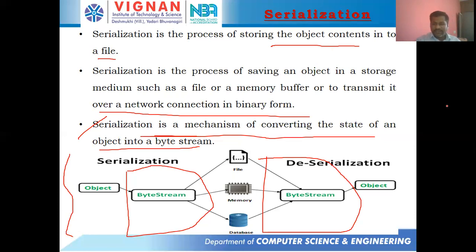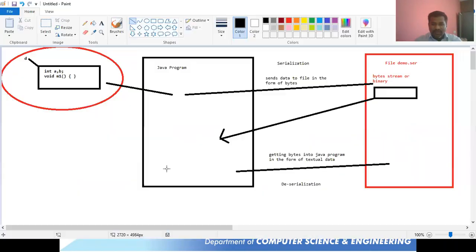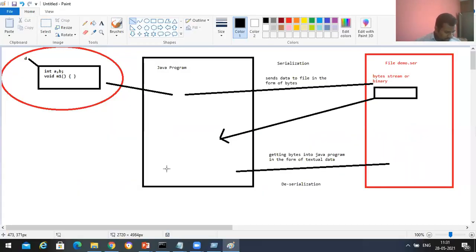Completed writing this. Yes, sir. Can you put the Paint diagram once? The diagram shown on screen, in Paint. Okay. 513 is there. 513.